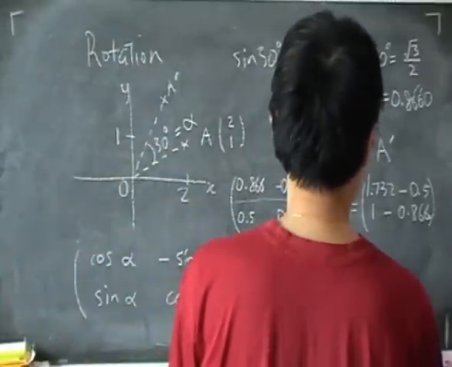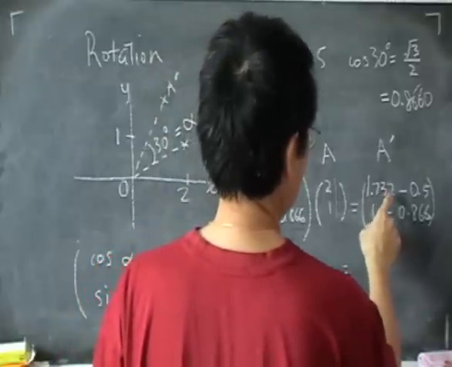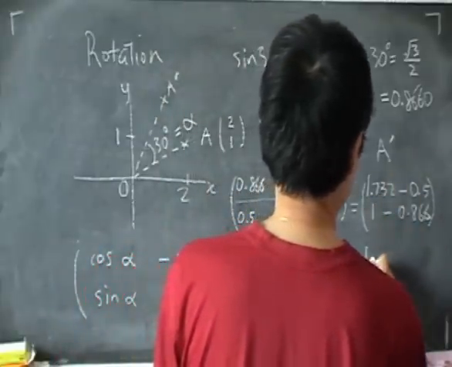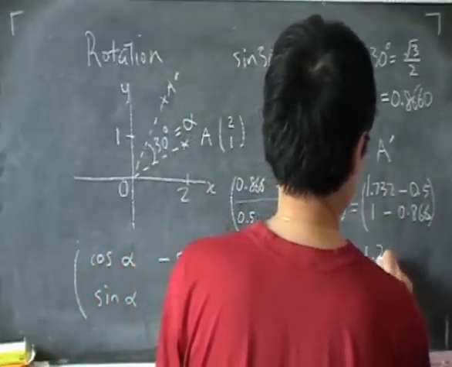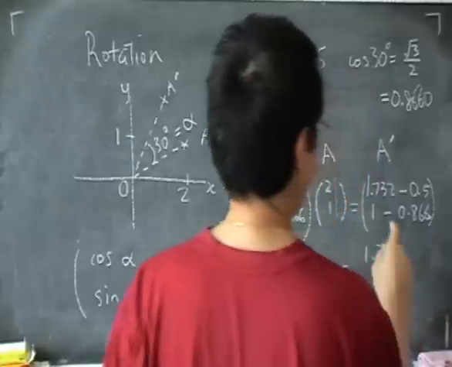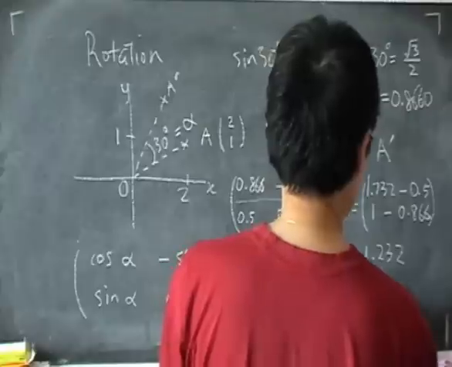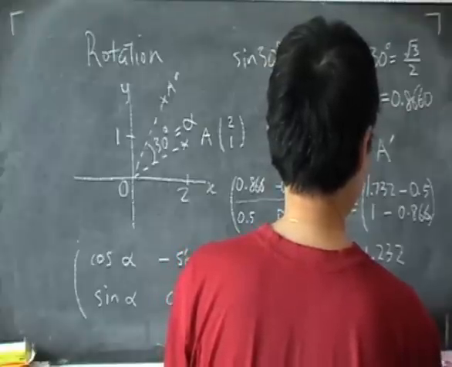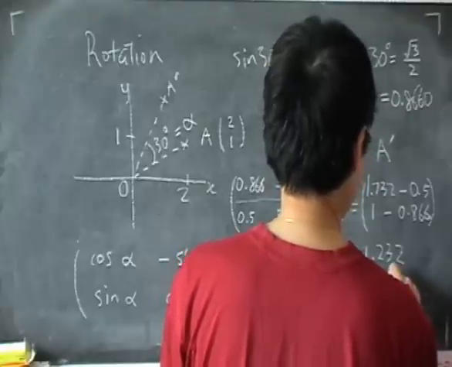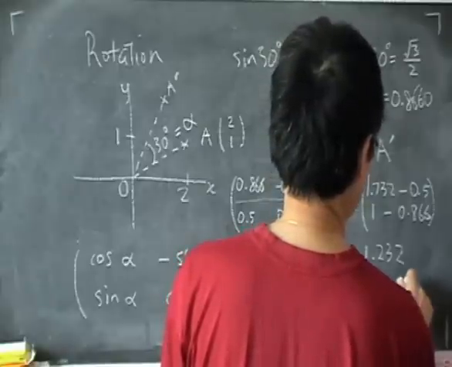Let's do the subtraction. 1.732 minus 0.5 is 1.232, and 1 minus 0.866 is 0.134.